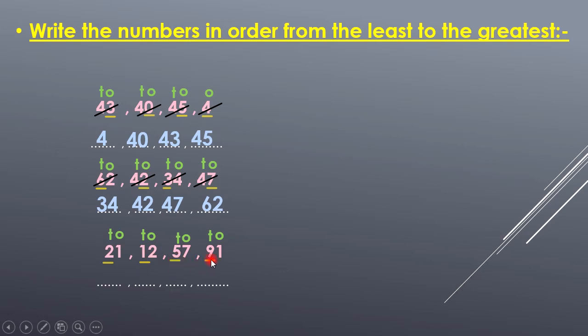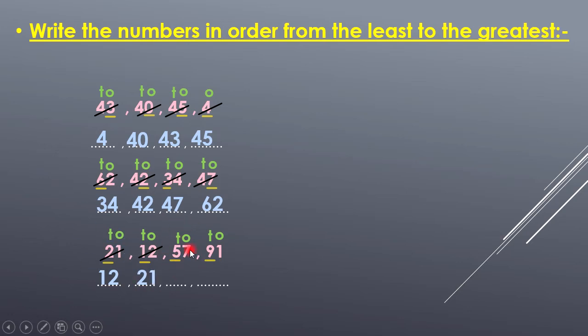Now, where is the smallest number? We look to the tens digit. Yes, the smallest number is 12, so I cross 12 and put 12 here. Now I have 21, 57 and 91. Which one is the smallest? Yes, 21 is the smallest, so I cross 21 and put 21 here.